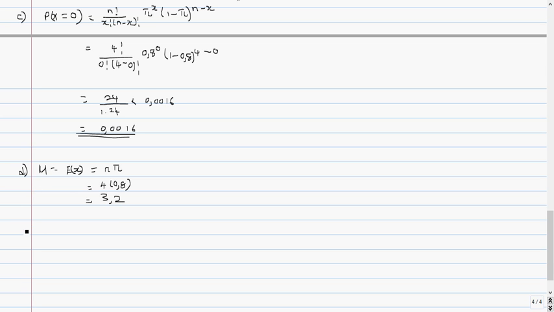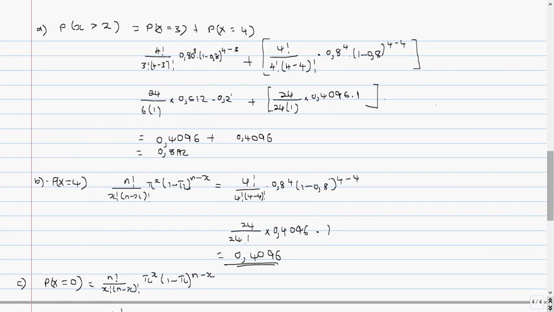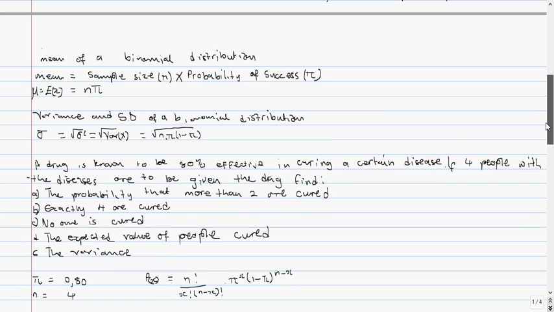And then we go to part E of the question. On E they're saying find the variance. Yes, the variance. And we already said the formula for variance is given as that.